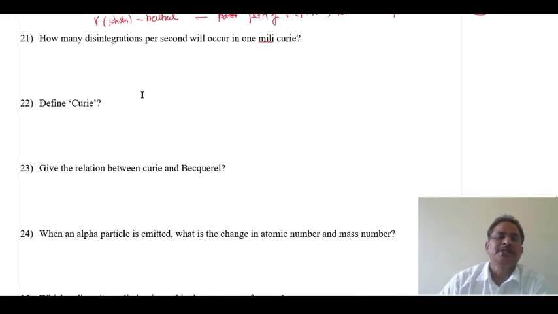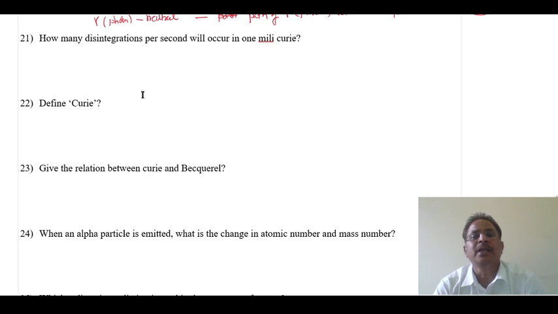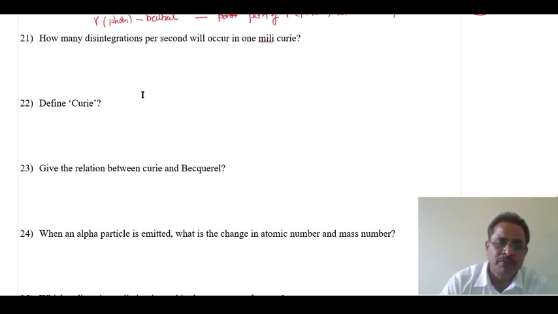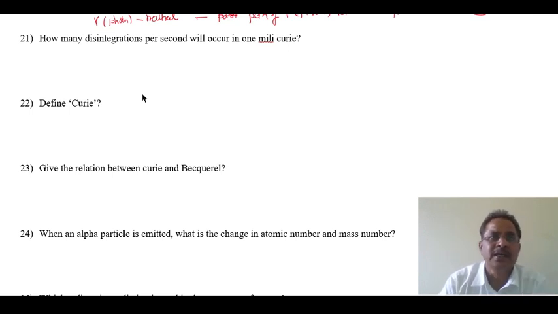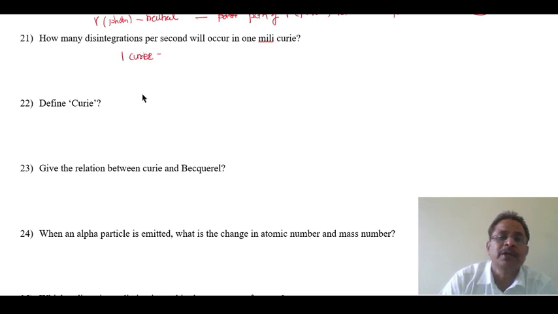Then how many disintegrations per second are there in 1 millicurie? Curie, Becquerel and Rutherford are the three different units used in radioactivity to measure the activity of any radioactive material. 1 curie is equal to 3.7 × 10^10 disintegrations per second.